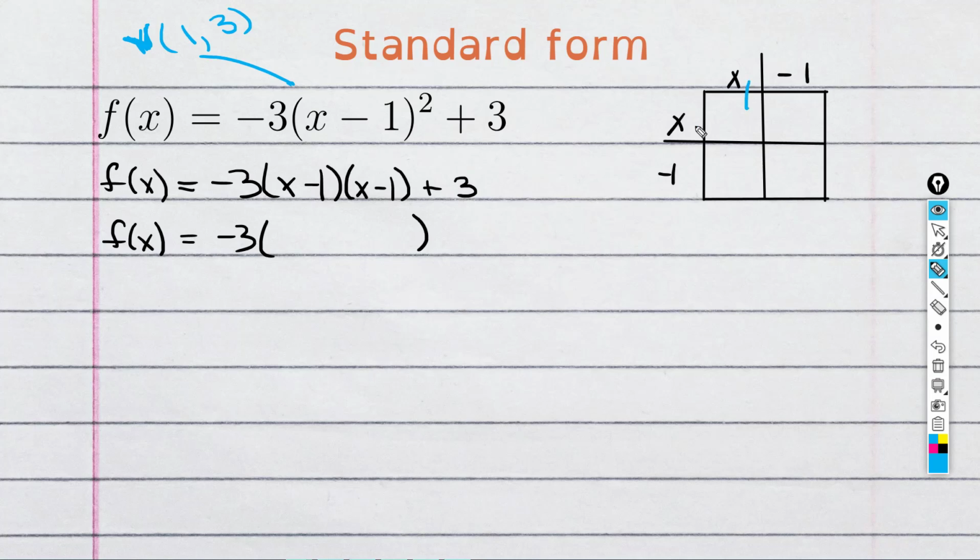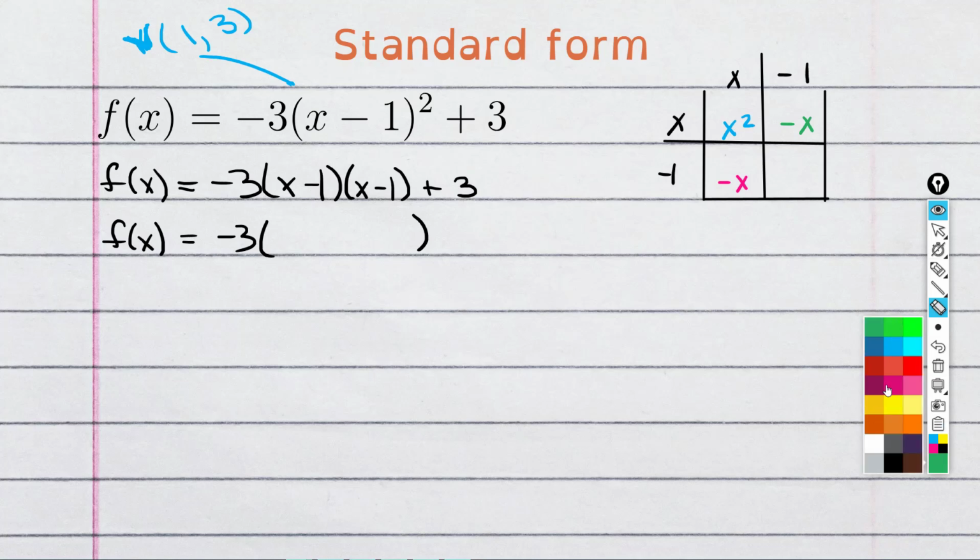And so x times x is x squared. x times -1 gives us negative x. -1 times x gives us a negative x. And so that gives us that second spot.